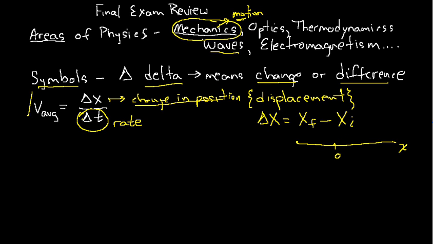If an object changed from some location here to some location here, where the x final was here and the x initial was here, so the change took place in this direction, we said it underwent a positive displacement. If, on the other hand, we had some position starting here, and it ended up to the left of where it started, then its change in position was in this direction to the left, and we said it was a negative displacement.